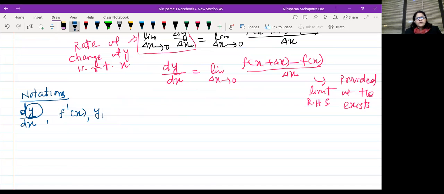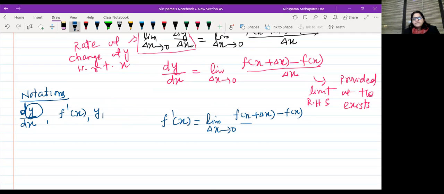All these are derivative of the function y equal to fx with respect to x. So if I write here f dash x equals limit delta x approaches to 0, f of x plus delta x minus fx divided by delta x.